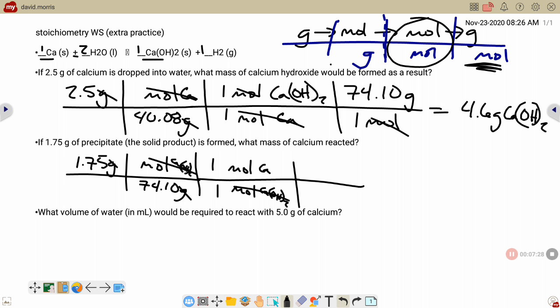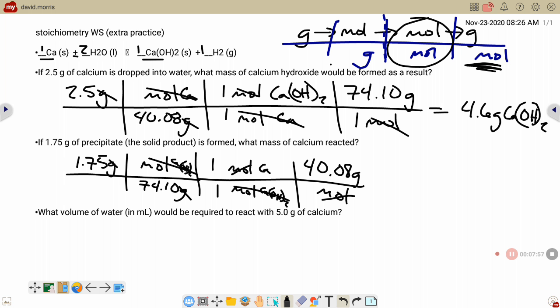And then my last step would be to multiply by the mass, but it's going to be this mass. So just take that, flip it, right? But again, same idea. Take that 1.75, multiply it by 40.08, and then divide by 74.10. It should be smaller than 1.75.